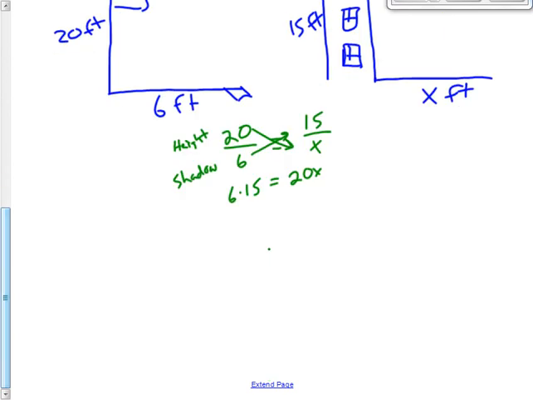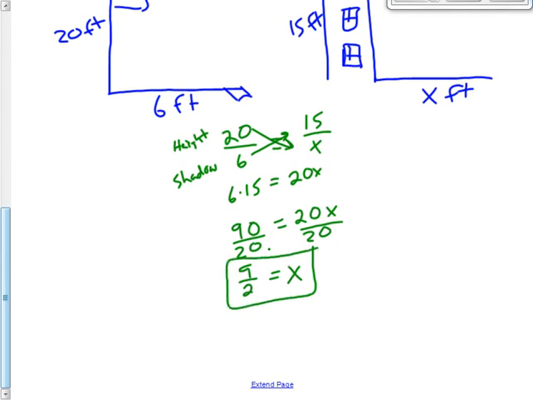6 times 15, 6 times 5 is 30, 6 times 10 is 60, so that is 90, equals 20x. Divided by 20, and the zeros are going to cancel out. I get 9 halves, which is 4.5, which should make sense, since the flagpole is taller, it should have a taller shadow.